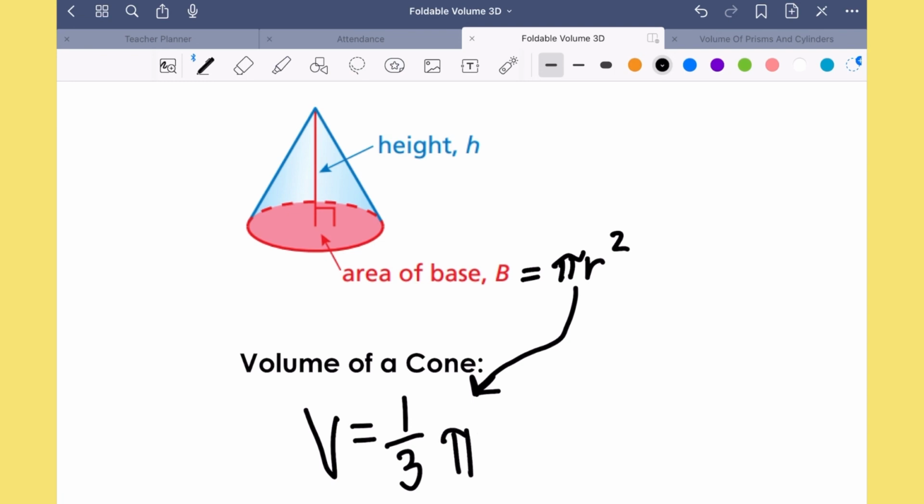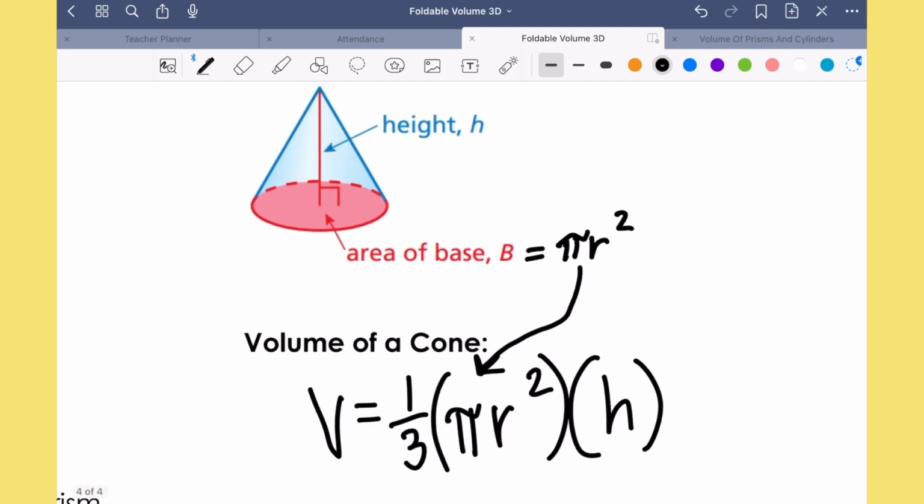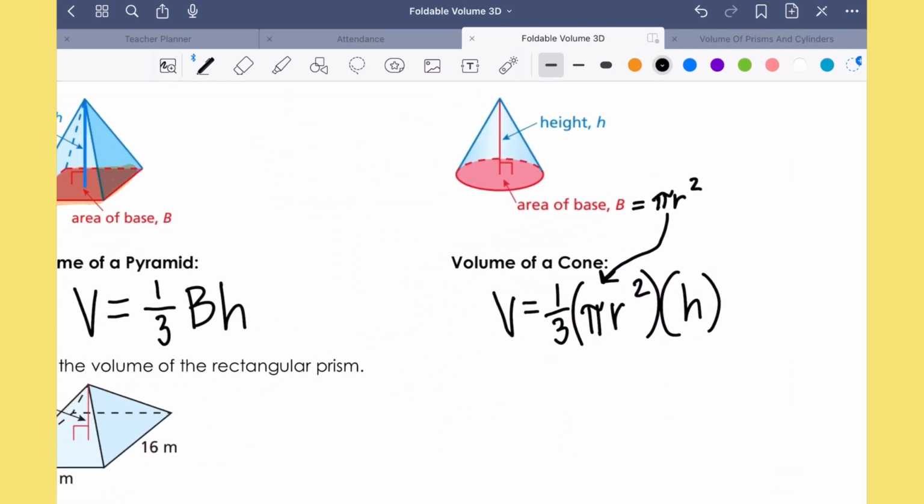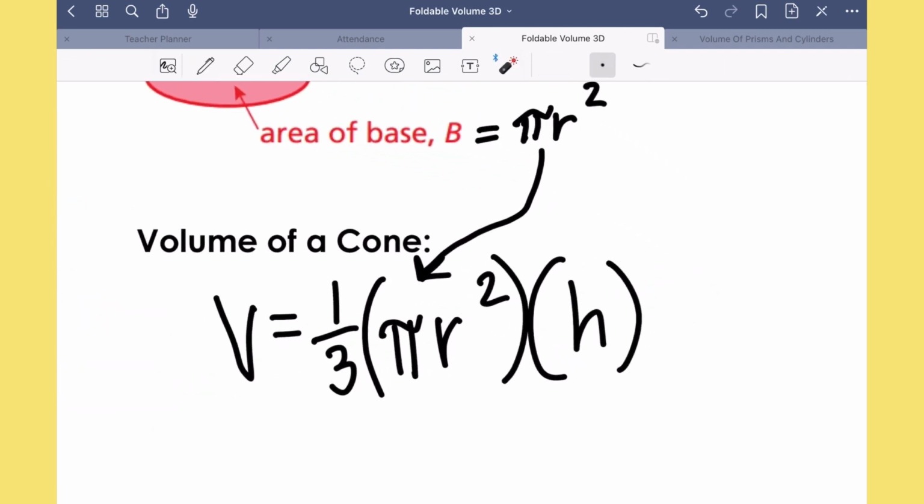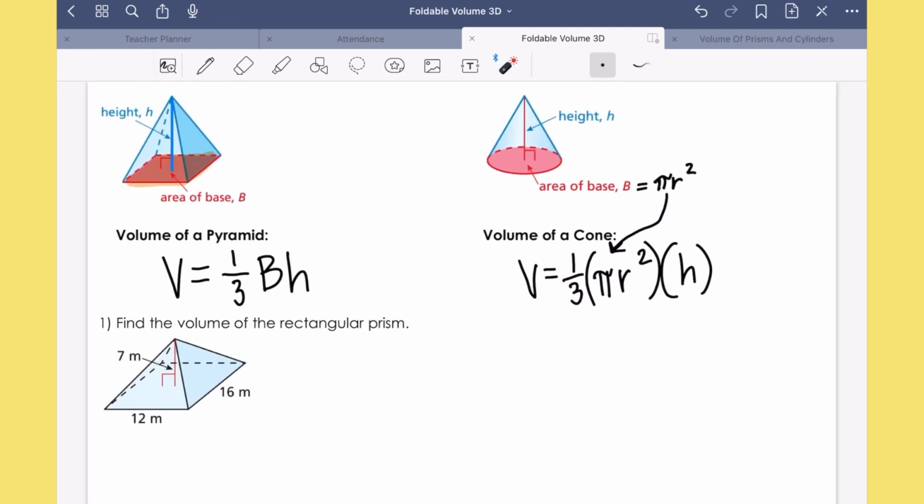So pi r squared times the height. Okay, I'm using parentheses because we have to be careful here with the squared. When we put this into decimals, make sure that this is being squared, not the height or the 1/3. So we're going to close that off.